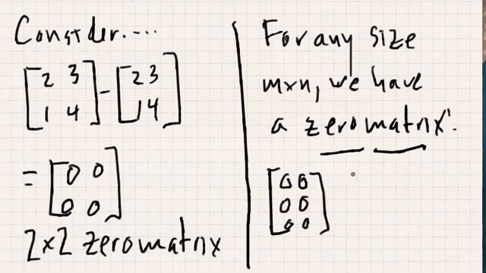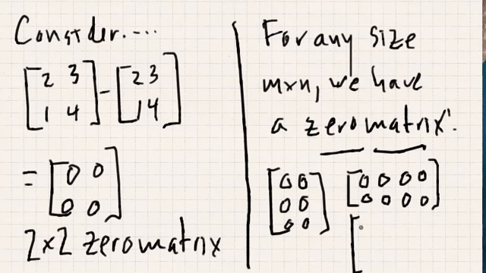I could have the 2 by 4, 0, 0, 0, 0, 0, 0, 0, 0. These are 0 matrices. Here is the 0 column matrix with 3 rows, and here is the 0 row matrix with 2 columns. Great.